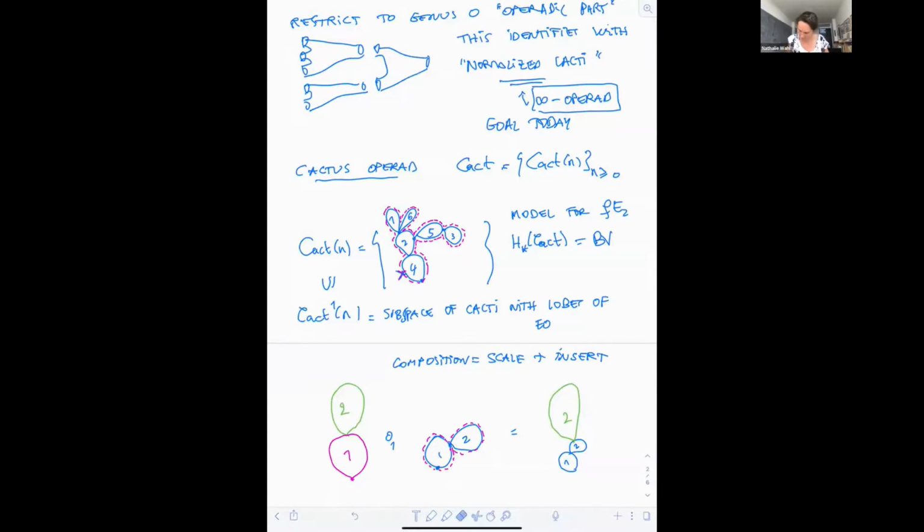Let's give them not just equal lengths, but lengths of 1 each, where all the lobes have precisely the same length.